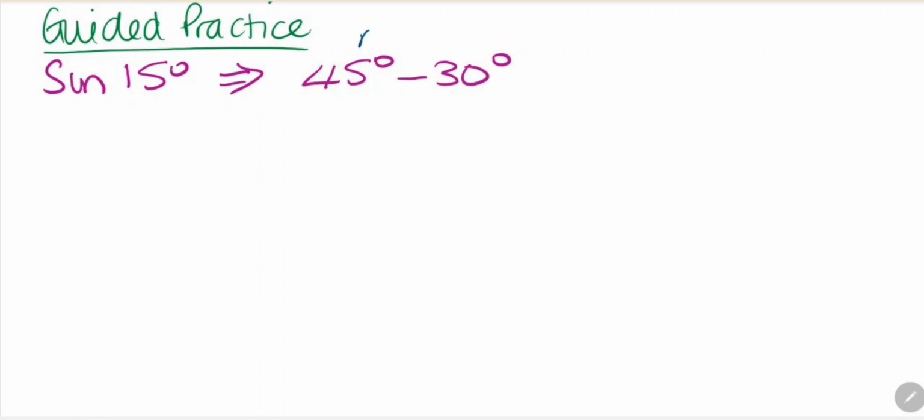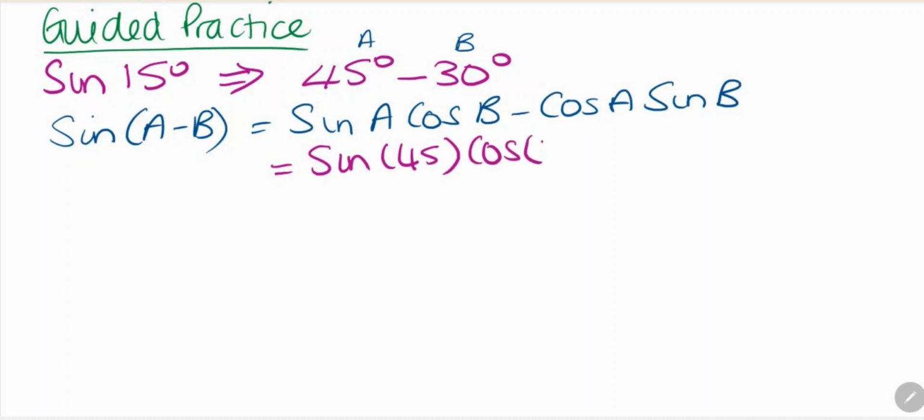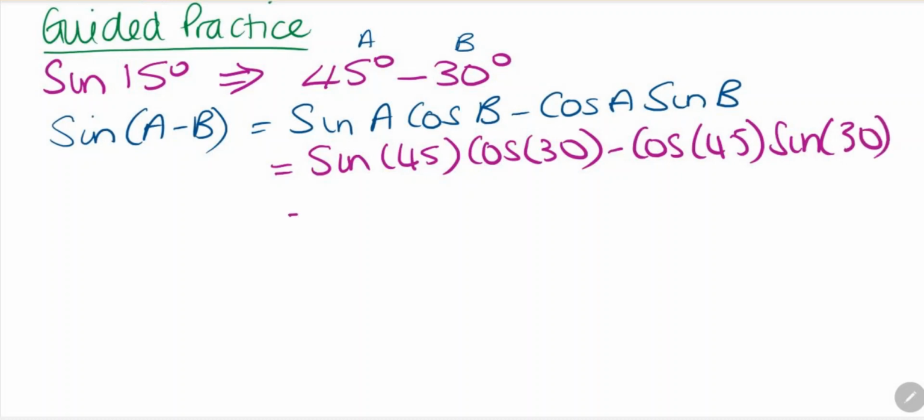So this is going to be my A and my B. Sine, so negative, so it's A minus B. So we have sine A cosine B minus cosine A sine B. That's our formula, and I'm just going to substitute in the values. So sine 45, cosine 30, minus cosine 45 multiplied by sine 30.